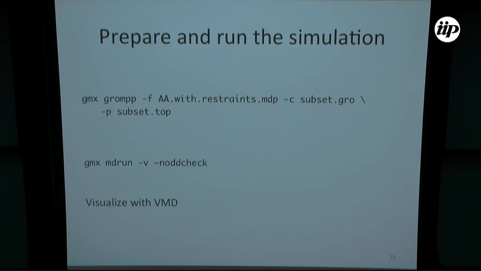If the system is not invariant to translation, the potential energy is not invariant to translation, so you do not want to remove the center of mass velocity. Otherwise, you start having center of mass velocity subtractions competing against the interactions in your system. Other than that, this is exactly the same file you would want to use for any other all-atom structure-based model. So you give it your new gro file and your new topology file, and then you can give it a run.